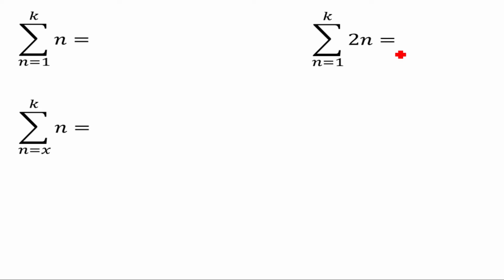So if we wanted to do this, then just for this one, this doesn't work with any other. I've just found this works with this one. It's just times 2, so we take the same equation again. K squared plus k divided by 2 times 2, the 2's cancel out, and we're just left with k squared plus k.